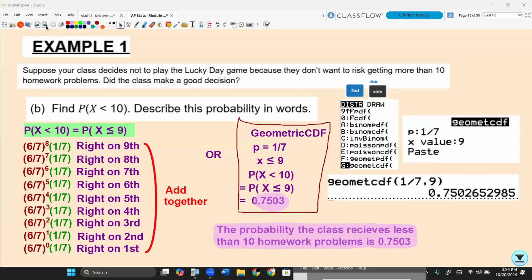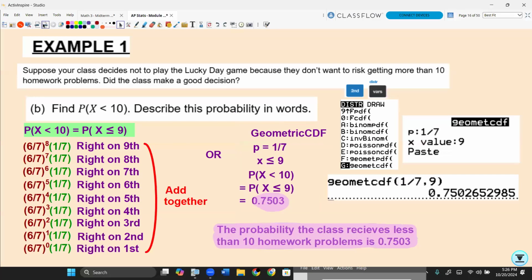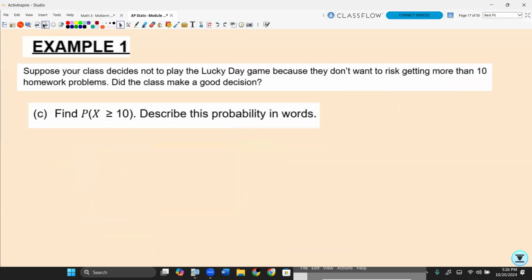Let's look at part C. Part C wants to know the probability greater than or equal to 10. So in this case here, we're going in the other direction. Now, we've already calculated less than or equal to 9. So greater than or equal to 10 would just be whatever's left over. And so this is a true probability distribution, so the probabilities are going to add to 1.